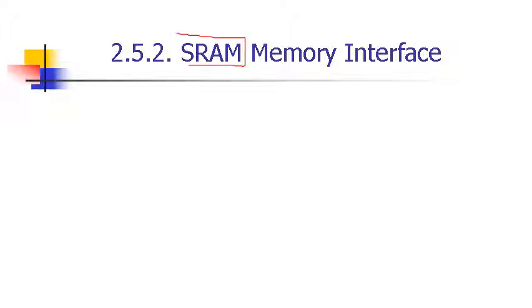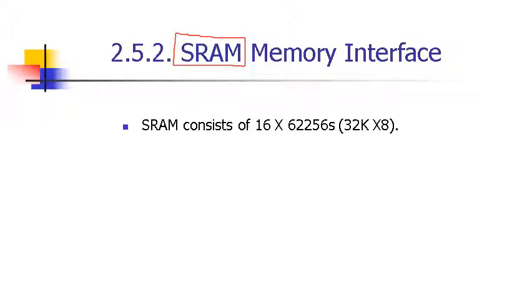We need to connect 16 different chips to your 8088 processor. All right, 16 different chips, because each chip is composed of 32K only, and we need to connect 512K bytes. So we need 16 of such a chip.